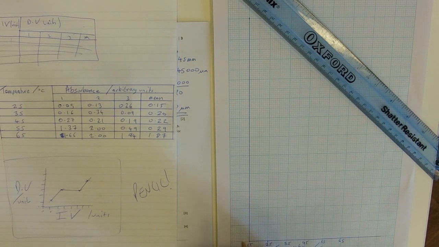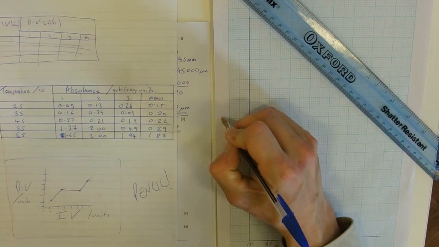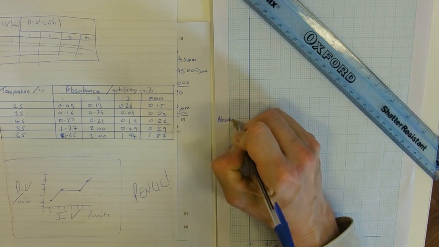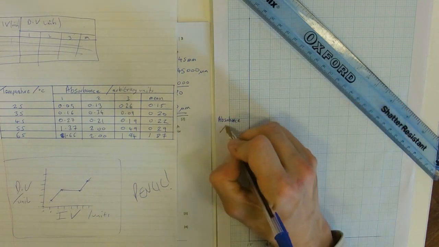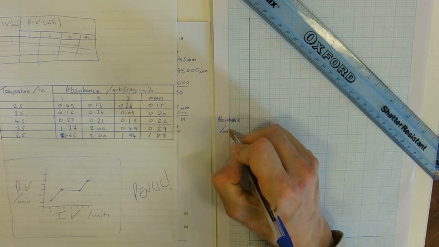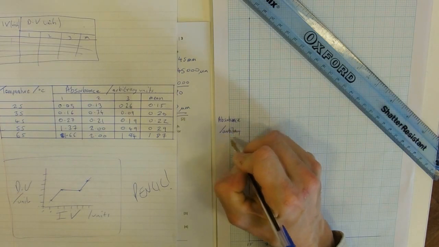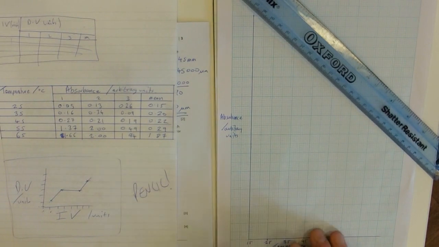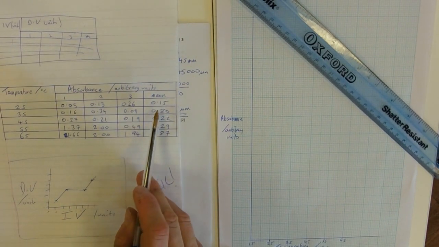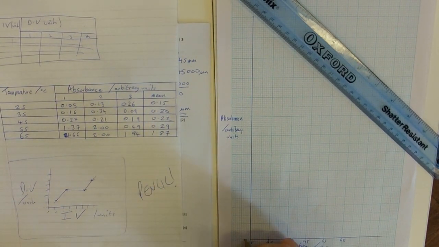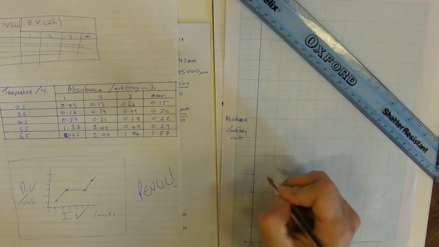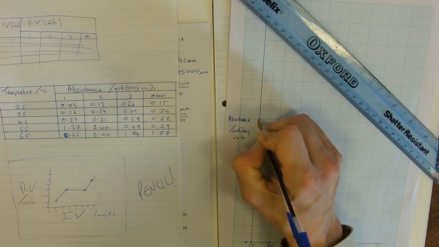Up the side, this is our absorbance, and units is arbitrary units. And because this is close to 0, I'm going to start off at 0 there. And then I'm going to go up using these boxes here.